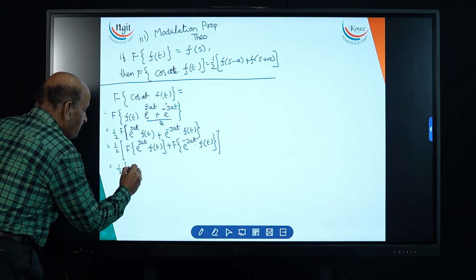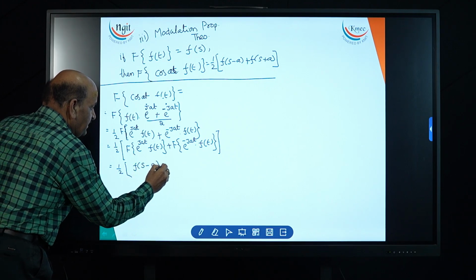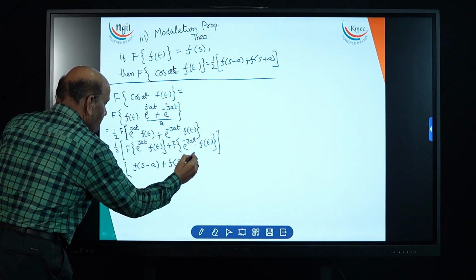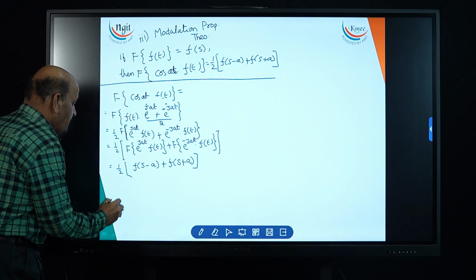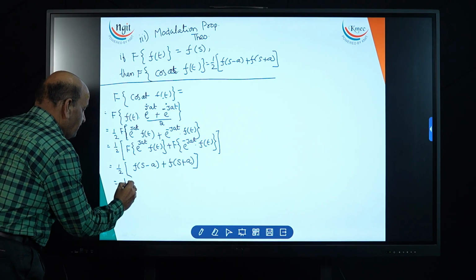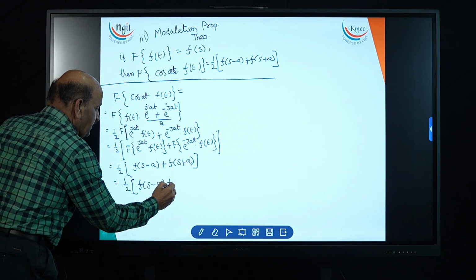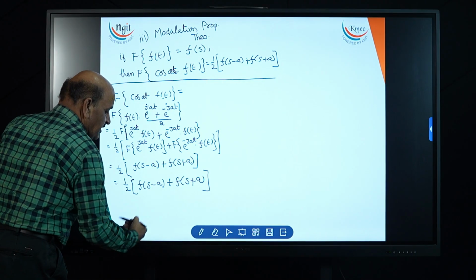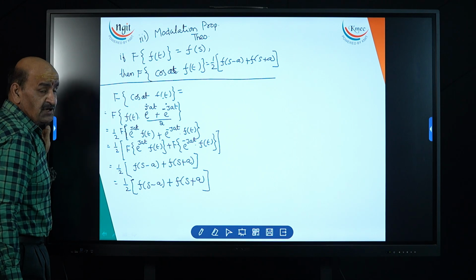This will become F of s minus a, plus F of s plus a. So this is equal to half of F of s minus a plus F of s plus a. This is the modulation theorem.